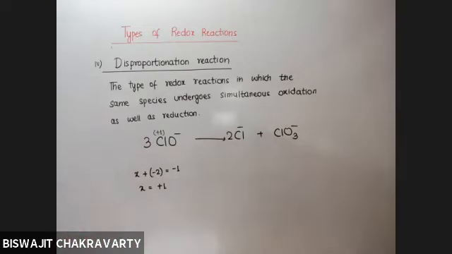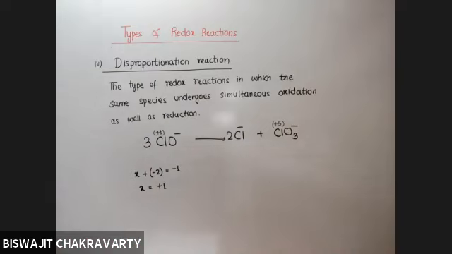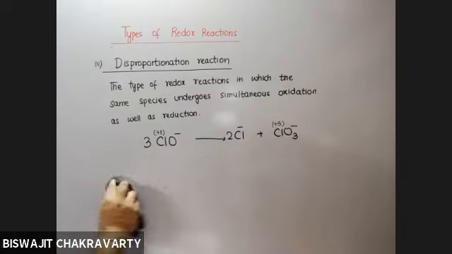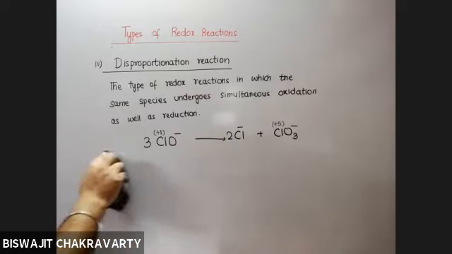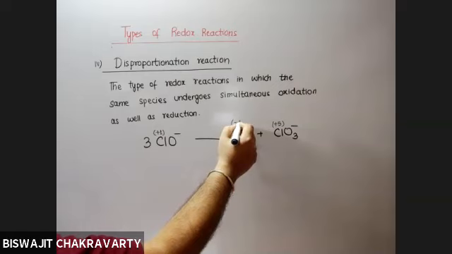What is the oxidation number of chlorine in ClO3 minus? Plus 5. See whether everyone is getting or not. All of you are getting it or not? Here, for the sake of convenience, let me put -1.